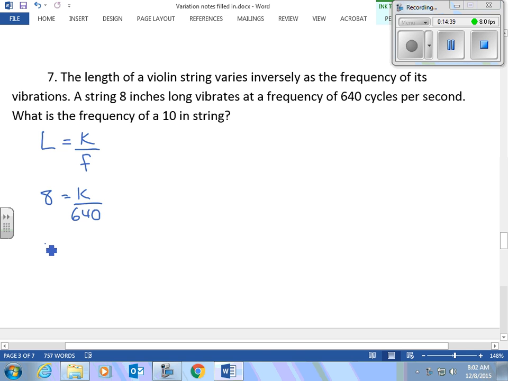So if we multiply there, we'll get K equals 5120. So there's our formula, 5120 over frequency.